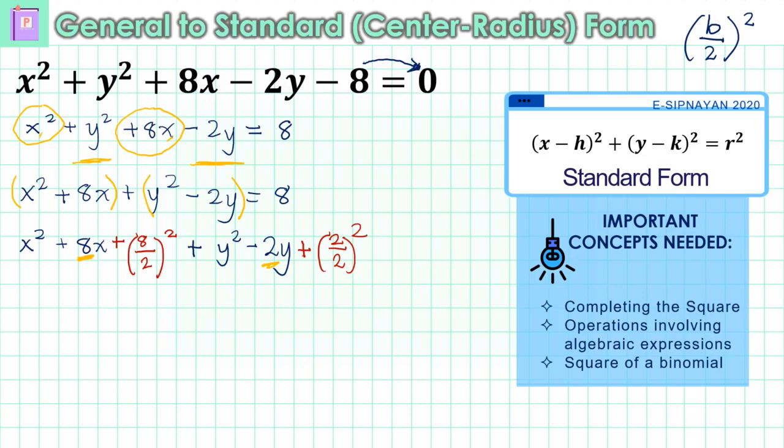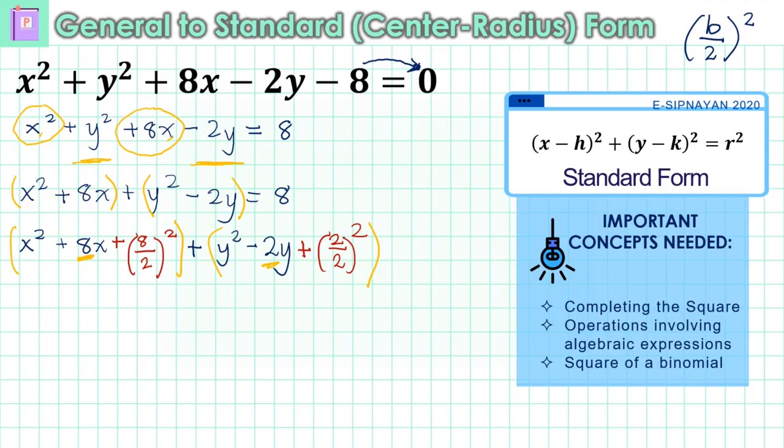Do not forget to group again the terms with like variables. So let's group together the x's and the y's. Since we are talking about an equation, of course, whatever we do to the left side of the equation, we also need to apply on the right-hand side of the equation.